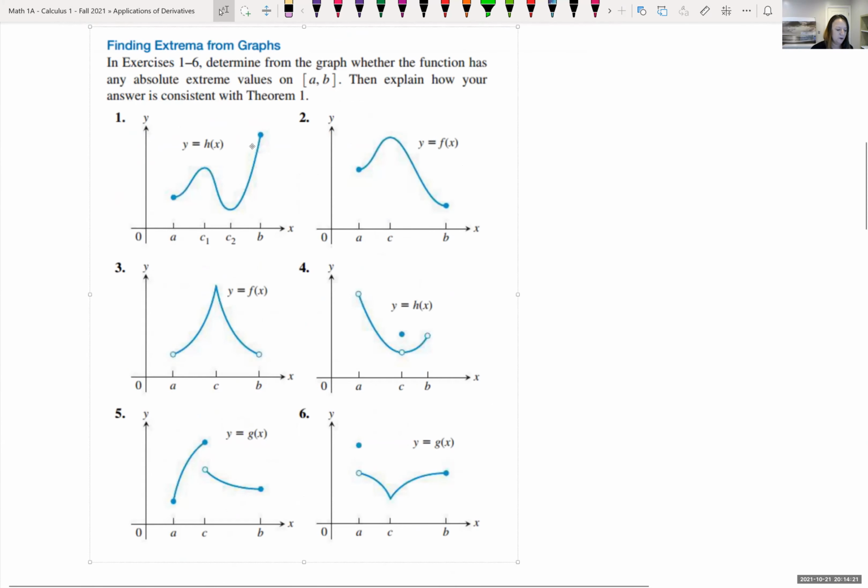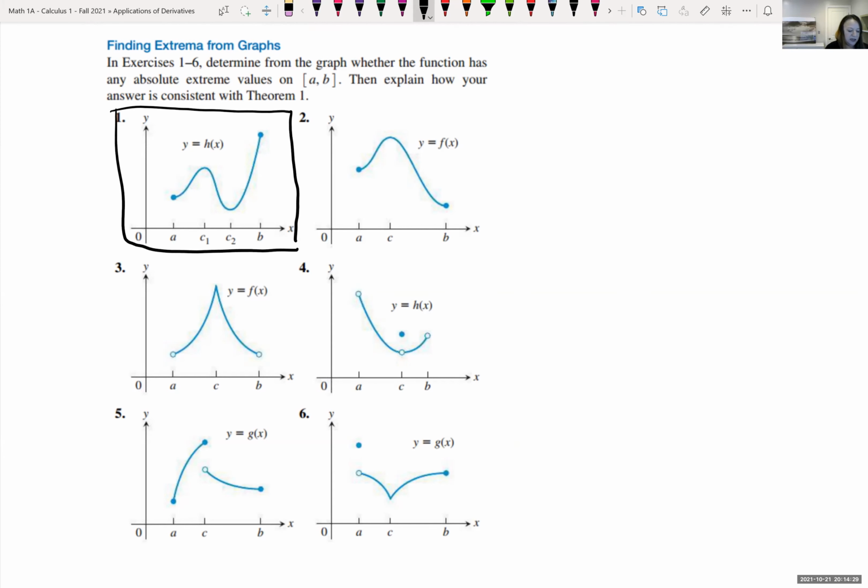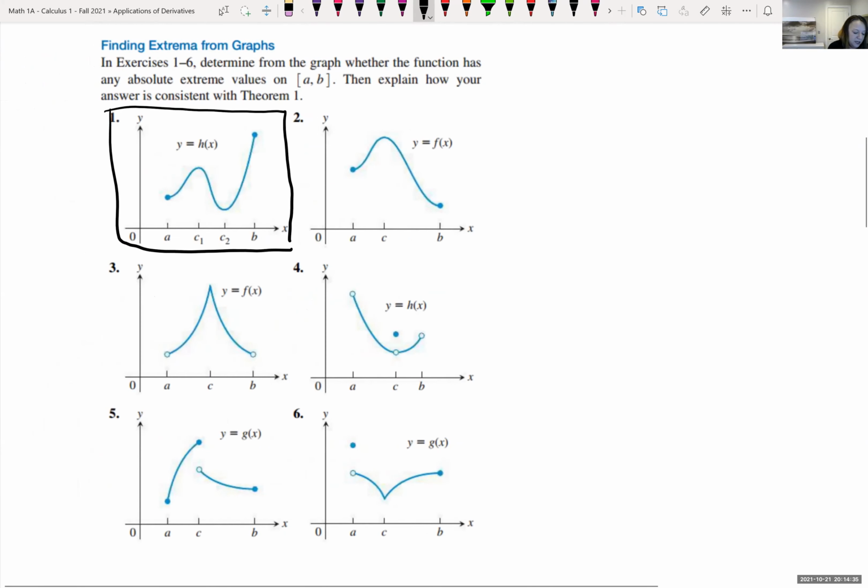So looking at number 1, this graph h of x, I can see that we're going to have a smallest y value. Notice that our smallest y value occurs at c sub 2. That's the smallest y value that I hit. And the highest y value I hit is at the end value of my domain, at x equals b.